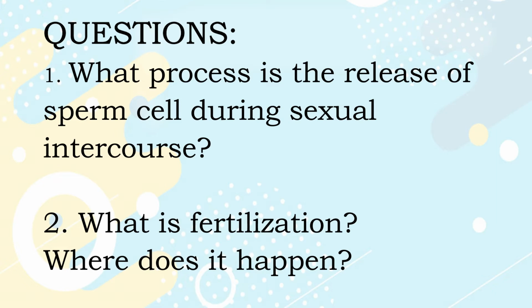For number 1, what process is the release of a sperm cell during sexual intercourse? The answer is ejaculation. So sometimes yung ibang male, they associate the Tagalog term into the act of doing it. But in English term, the ejaculation is the release of the sperm.